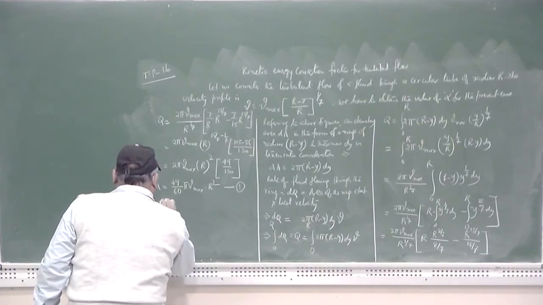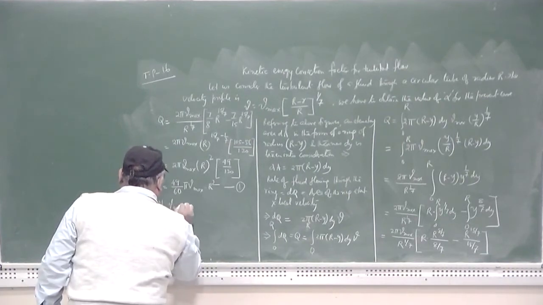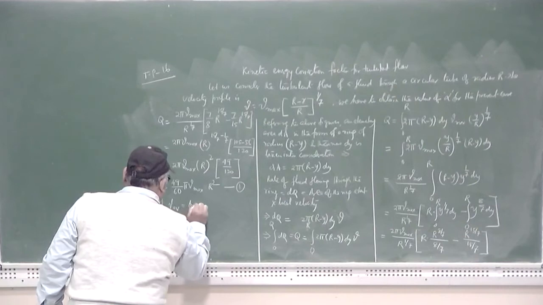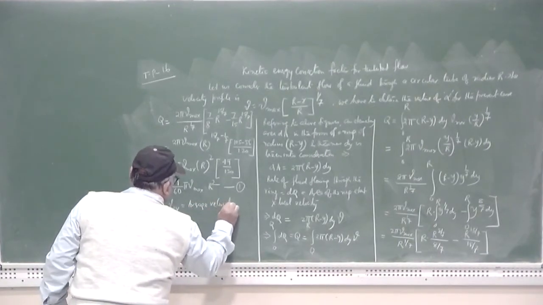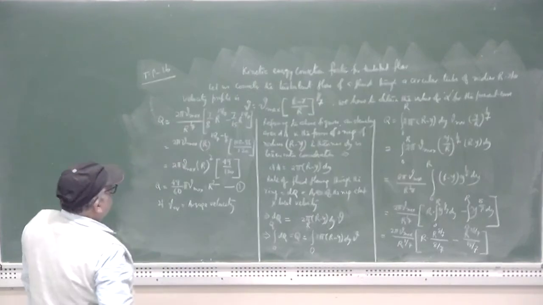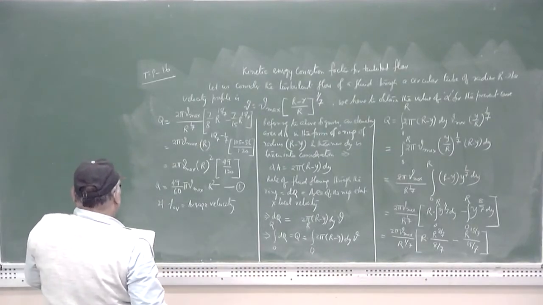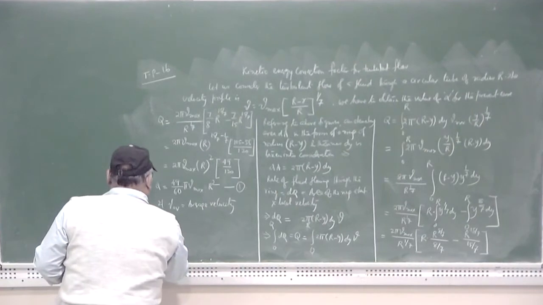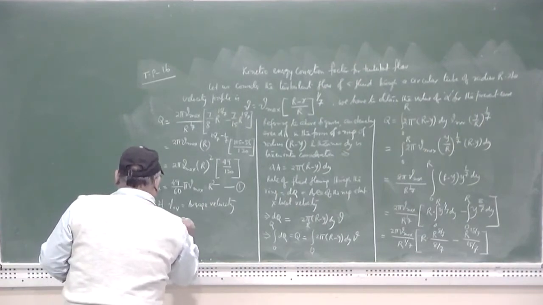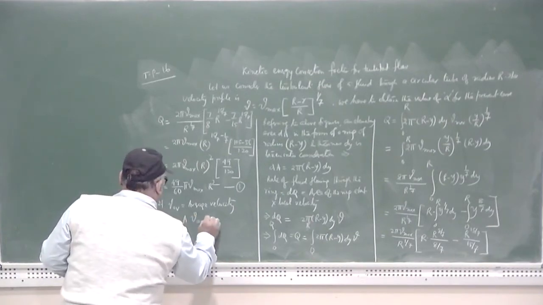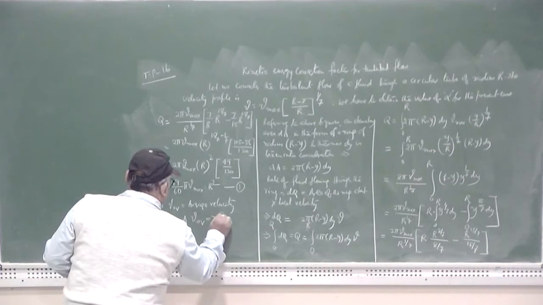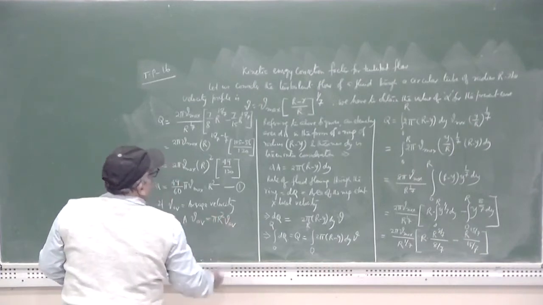If V average is the average velocity, then Q is equal to A into V average, that is equal to pi R square into V average.